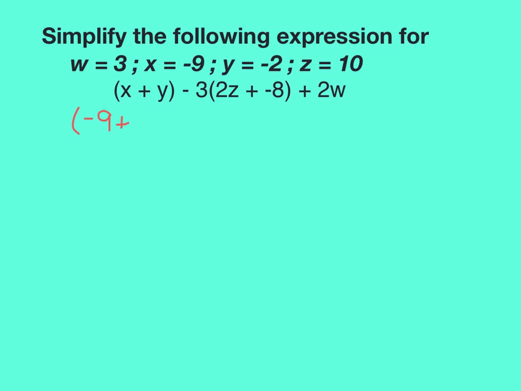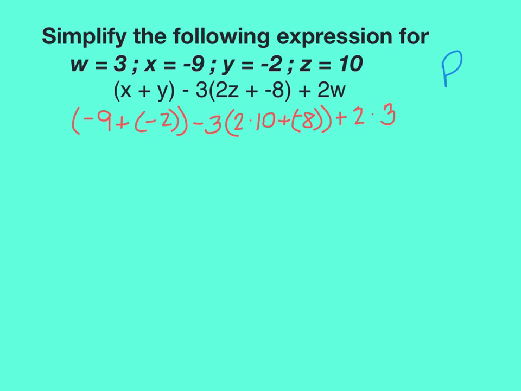Y is -2 minus 3 times the quantity of 2 times z. Z is 10 plus -8 plus 2 times, don't forget, number next to a variable means that we're multiplying, and w is 3.